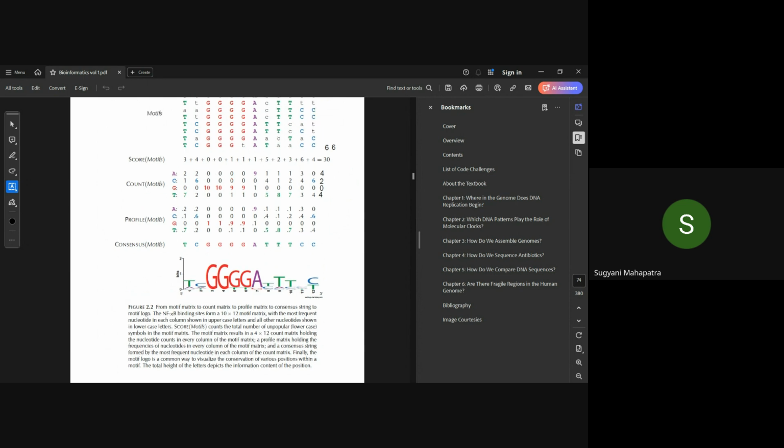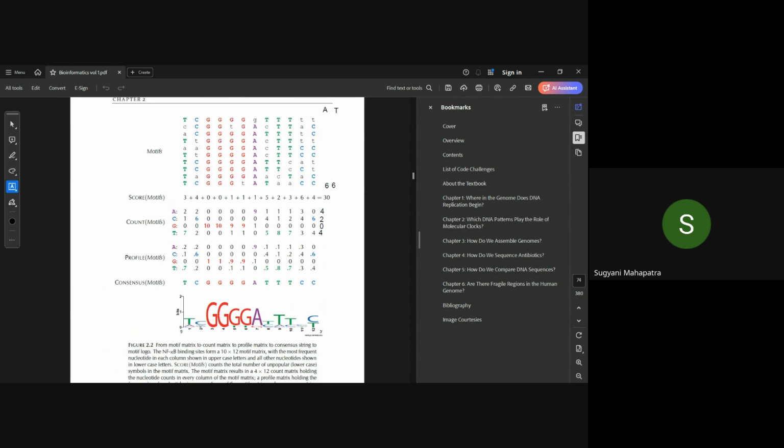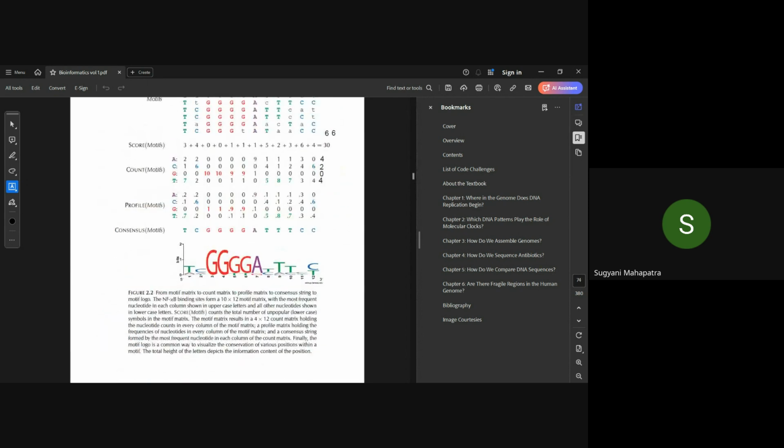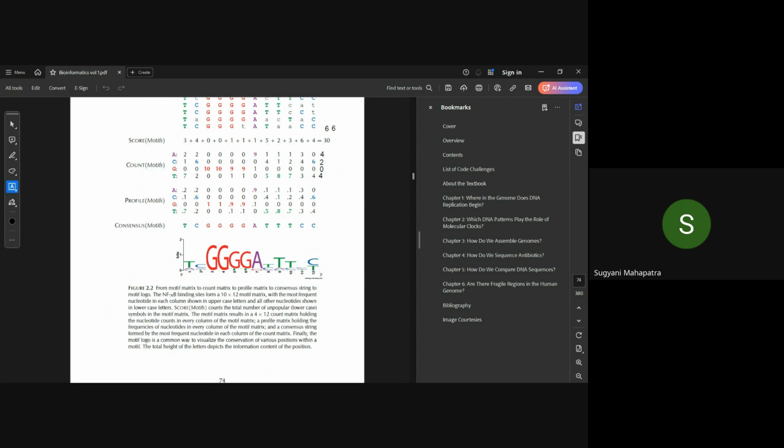The information contained in that position: here we have 7 T's, which means the information contained in 7 of these cells is T. That information we are trying to represent. If you read this clearly, the motif logo is a common way to visualize the conservation of various positions within a motif.